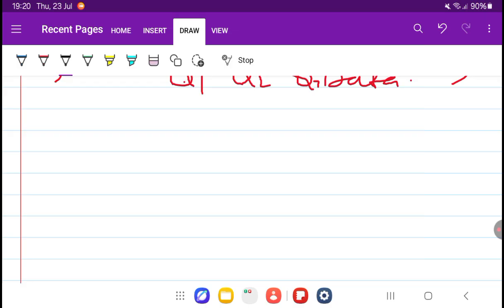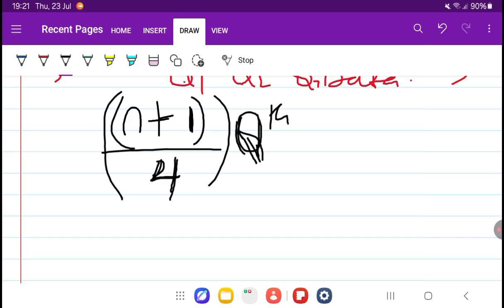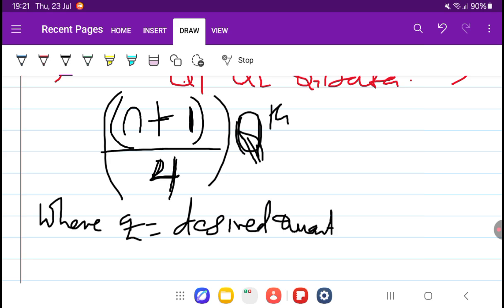If we are to compute the quartiles realistically, we would get n plus 1 divided by 4, because there are 4 quartiles, and then we multiply this by the desired quartile, where n is the number of observations that are given to you, especially for an ungrouped data set.